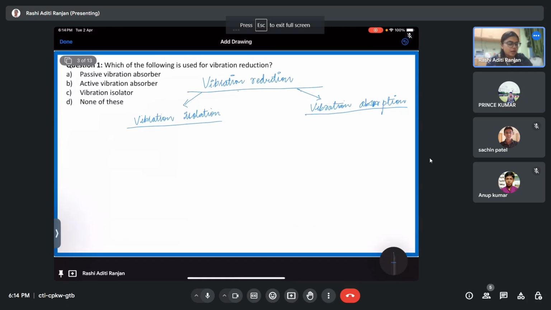As I said, vibration isolation basically means isolating the system from the surrounding so that no vibration can be transmitted, or we can also say isolating the surrounding from the system.